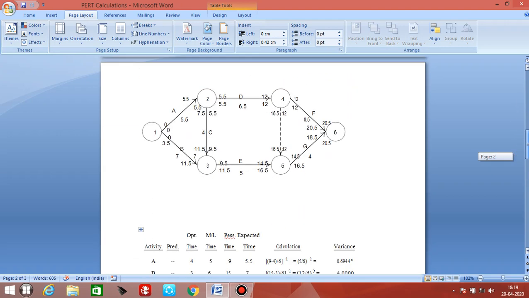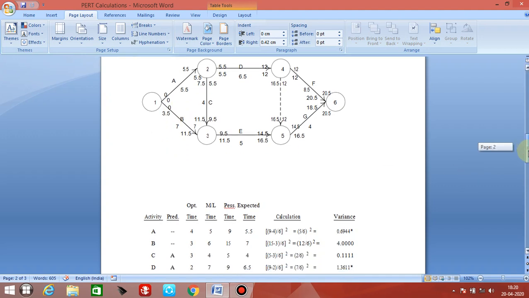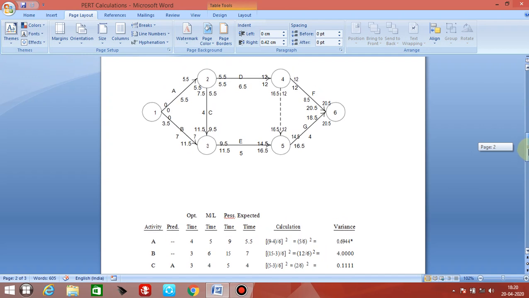Now in this calculation, which one is the critical path? We know that where EST is equal to LFT, that is the critical path. That is 1, 2, then 2, 4, and 4, 6.